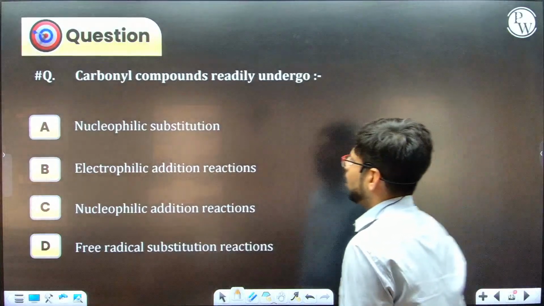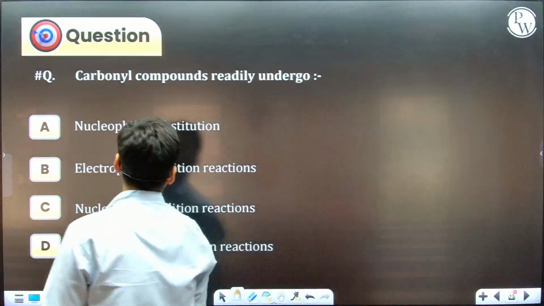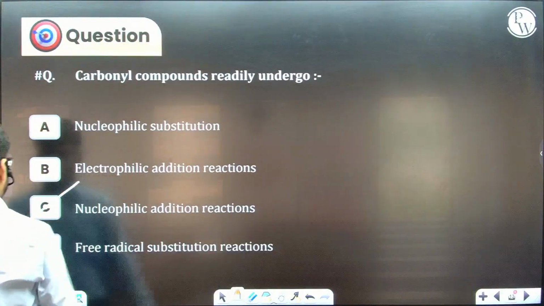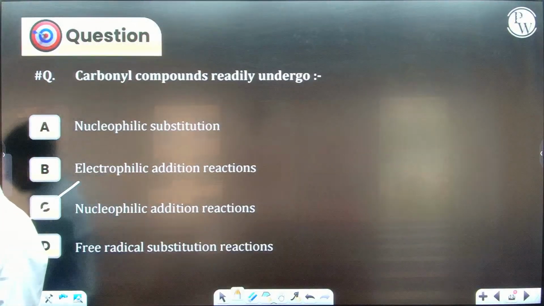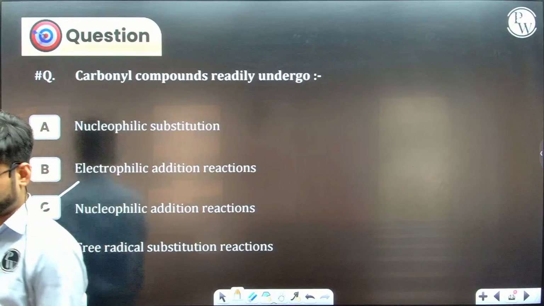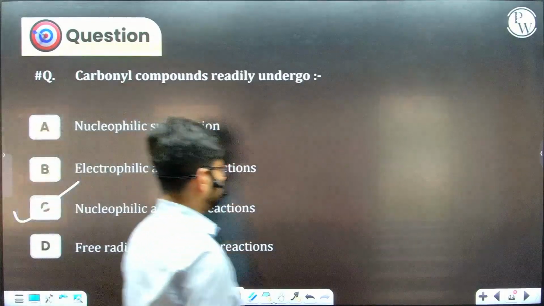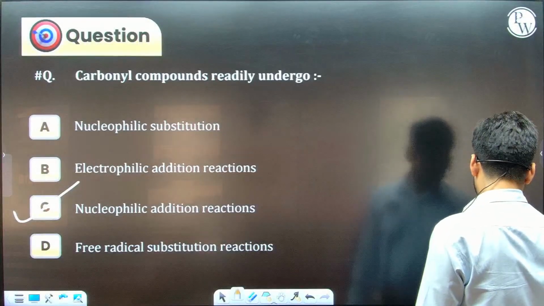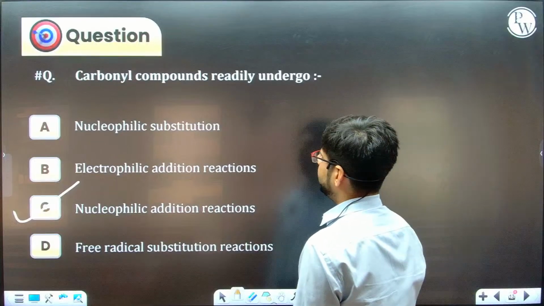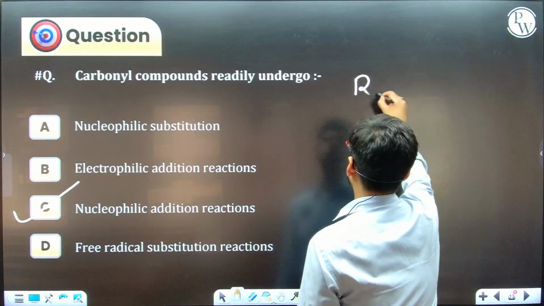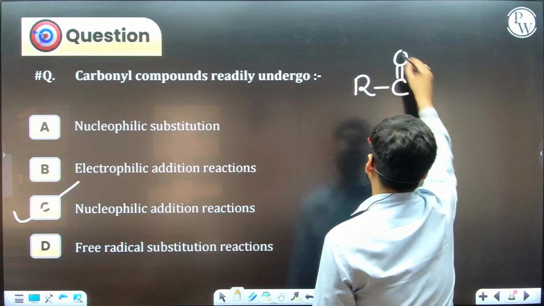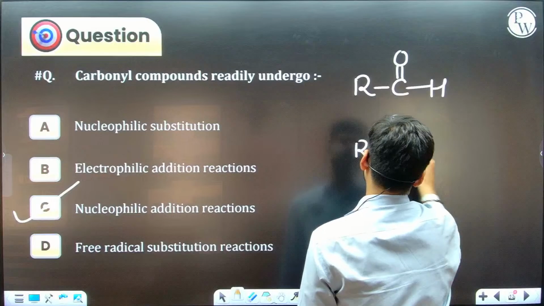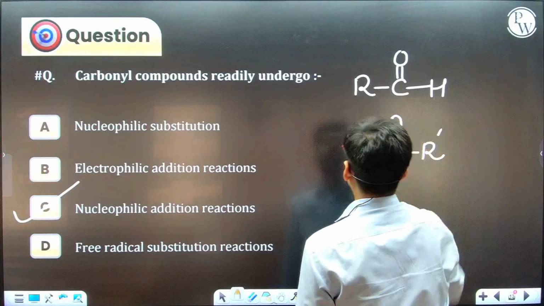Next question. We have discussed this already. Carbonyl compounds readily undergo nucleophilic addition. Option C is the correct answer. So, which is the electrophilic center in carbonyl compounds? If I ask you, in aldehydes as well as ketones, which is the electrophilic center?